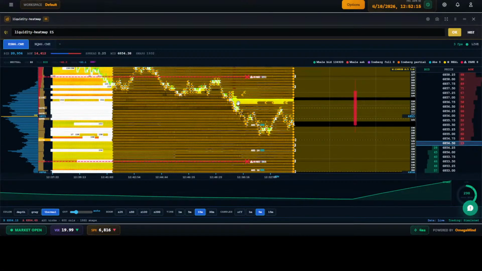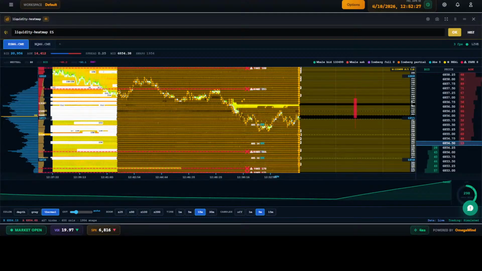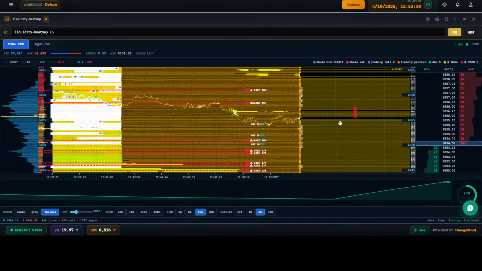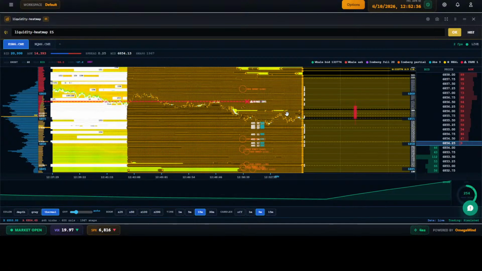There's real liquidity right here, and there's fake liquidity right here. This is absorption, this area. So going through this, the price will get these guys and then go to this area.